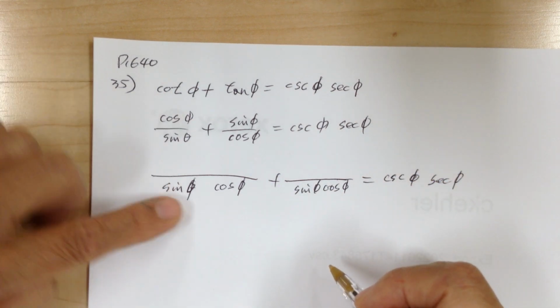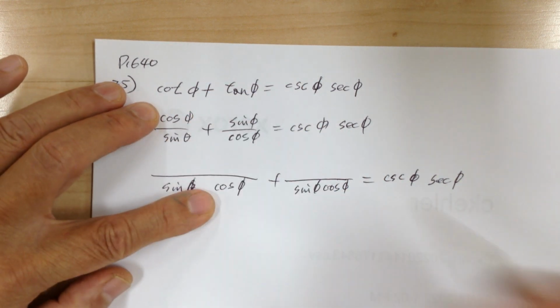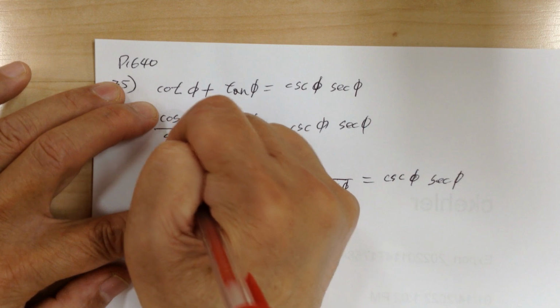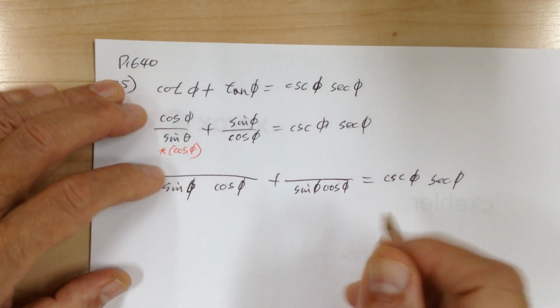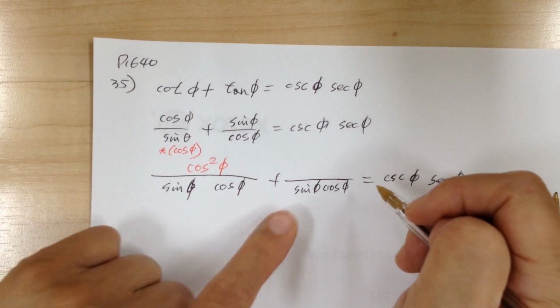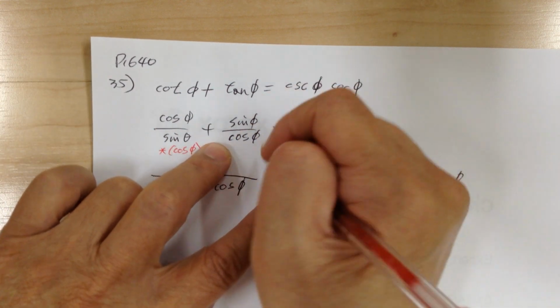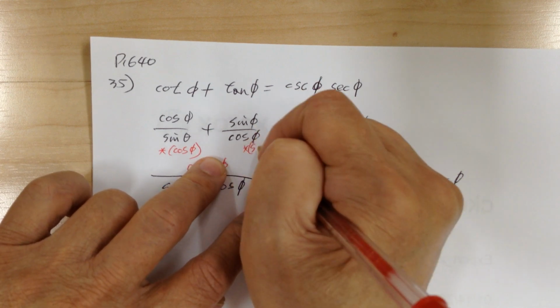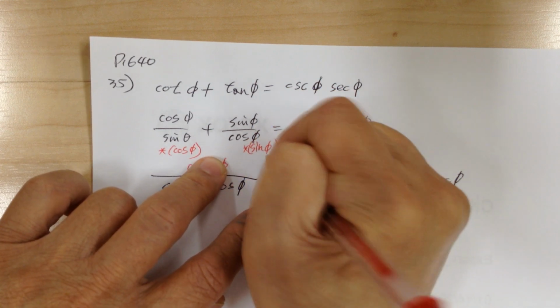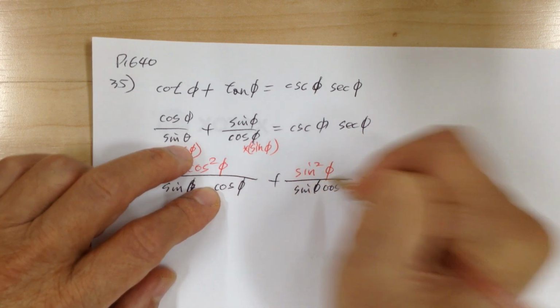From here to here, we're missing the cosine phi, so we multiply by cosine phi and get cosine square phi. And over here, I'm missing the sine, so I multiply by sine phi and get sine square phi.